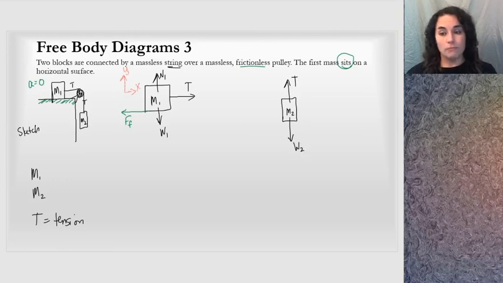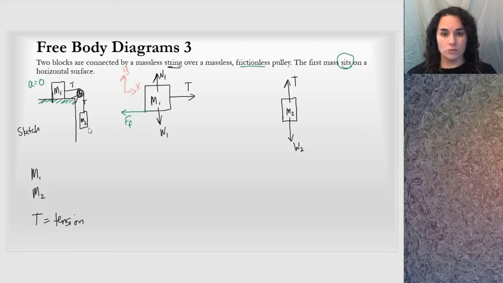And you may expect it to be more forces. I've had students suggest, when I ask how many more forces there are, that there's a normal force. There's a normal force on M1, but remember M1 is on a supportive surface.